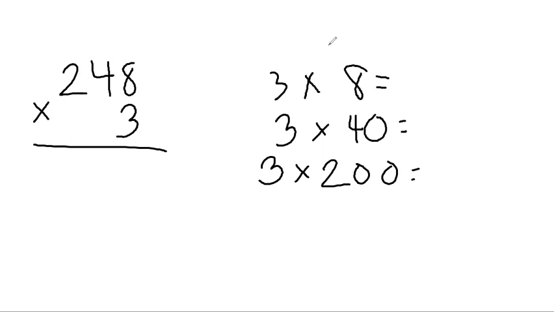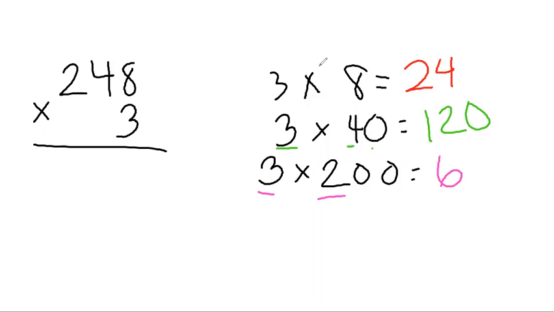Three times 8 is 24. 4 times 3 is 12. Add your 0, 120. And 3 times 200. 3 times 2 is 6. Add your 2 zeros, so that's 600. Okay, last step, what do we need to do? Add up all those partial products.